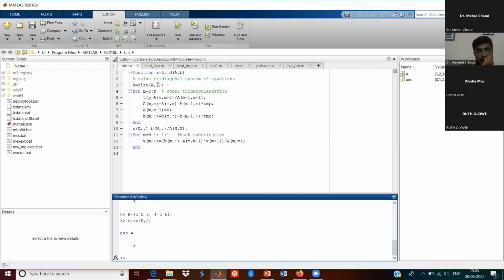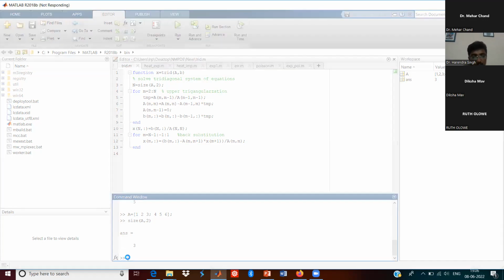You can see that there are 3 columns. If I write size of a comma 1, then it will be 2, because there are 2 rows.